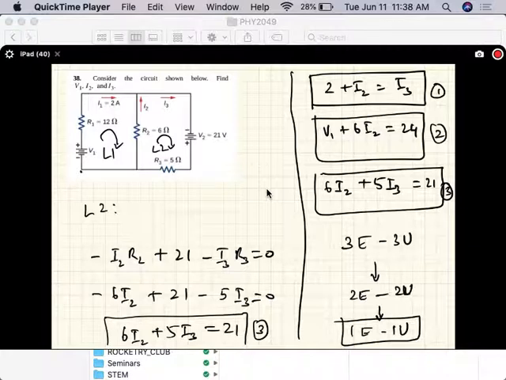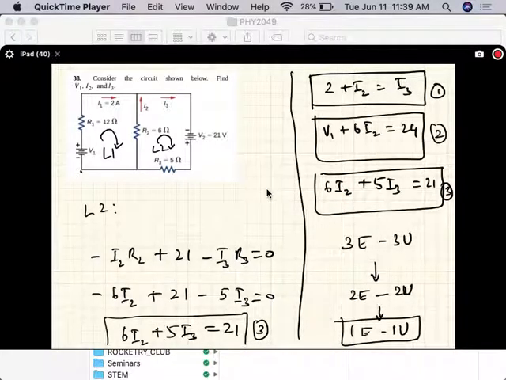So 5x equal to 15, for instance, x would be 3. Okay, so let's do that. You can notice right away, I2 can be expressed in terms of I3. So we'll put that in there, and then you'll get an equation that involves only one unknown.